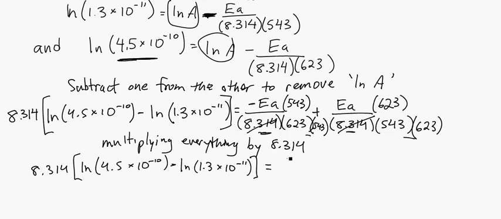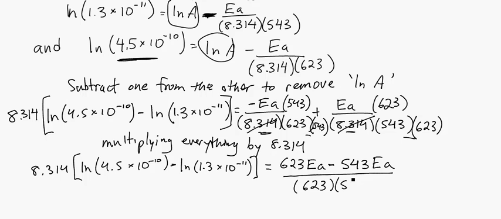I'll write it as 623 times the activation energy minus 543 times the activation energy over our common denominator of 623 times 543. Okay, we're getting there. In the next video we'll get rid of that denominator and we'll isolate the activation energy.